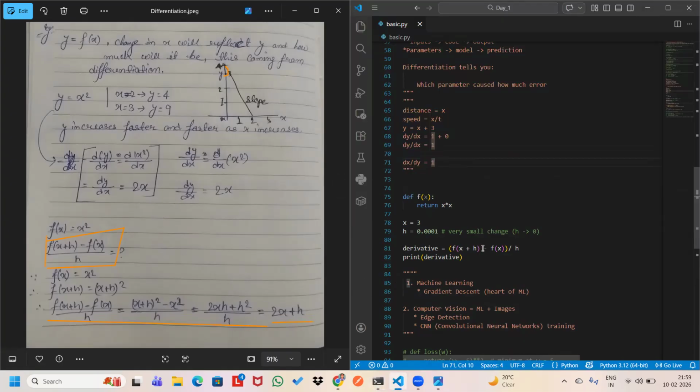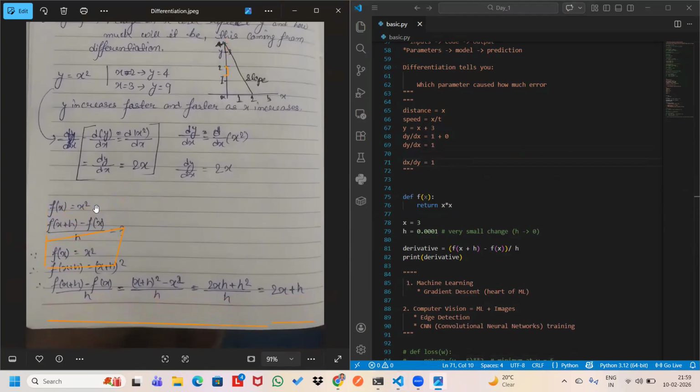Okay, so now let's talk about the programming. Here you can see that I have defined a function called f(x), and it is going to return x square, because we have already defined here that we have x square. Now I'm passing the value for x, and for h equals 0.001. I'll discuss it later.